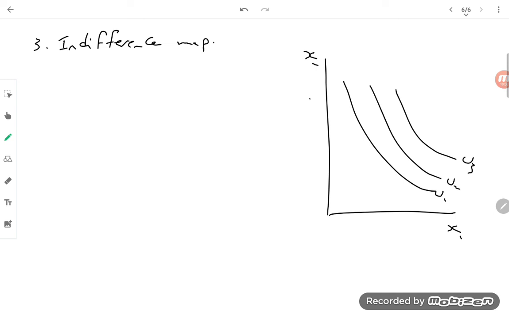Each consumer has a number of indifference curves. This is known as indifference map. The higher the indifference curve, the higher the level of satisfaction. This means that U2 gives higher satisfaction compared to U1, and U3 gives higher satisfaction compared to U2 and U1.